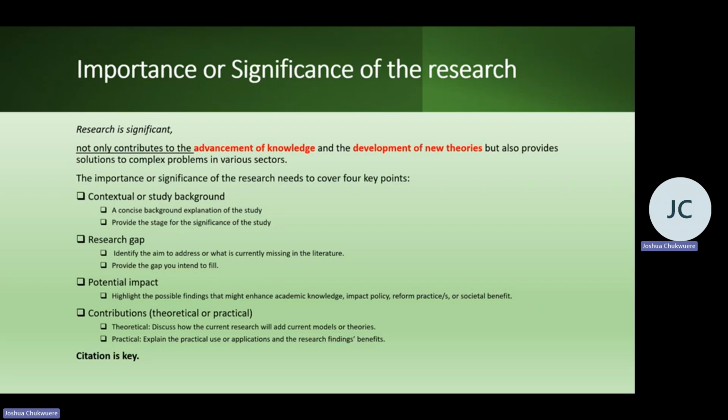Very important: citation is key when you're writing the significance part of your study because you're able to connect existing knowledge to what you are writing, by letting the reader understand that researchers have done this and that, but there is still a gap. And look at what the researchers have been saying.